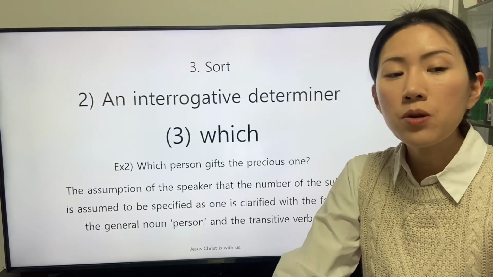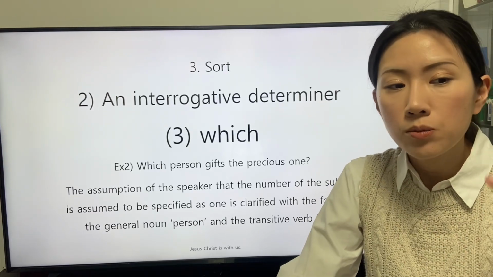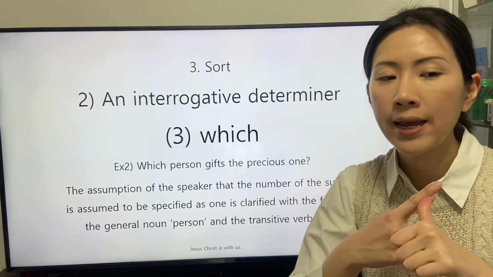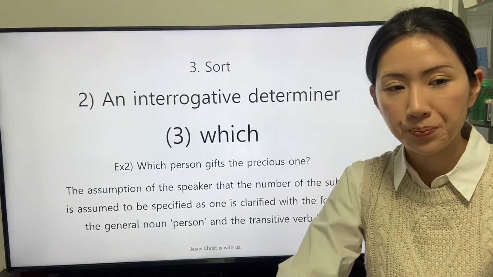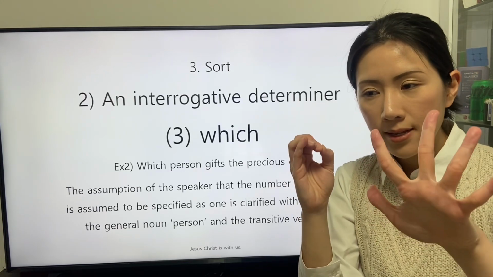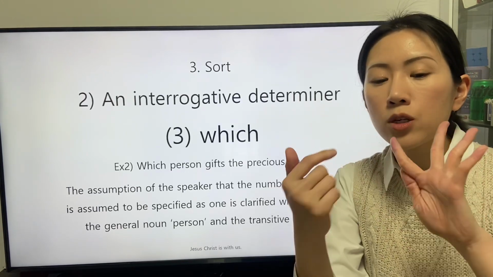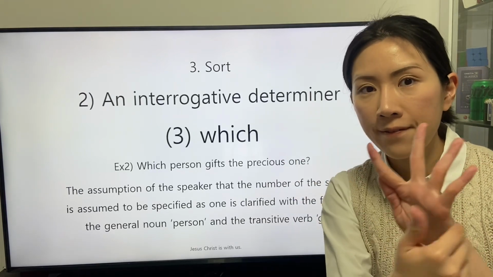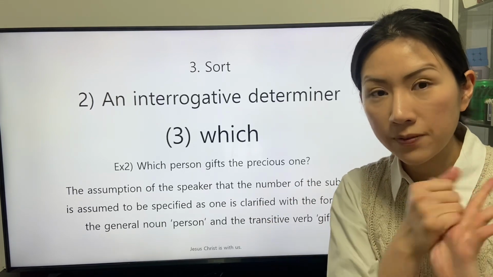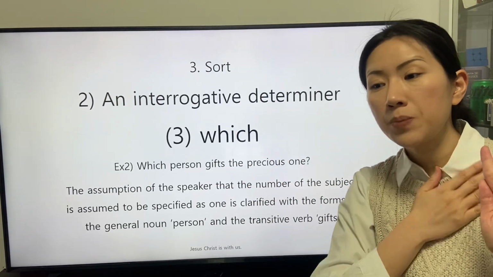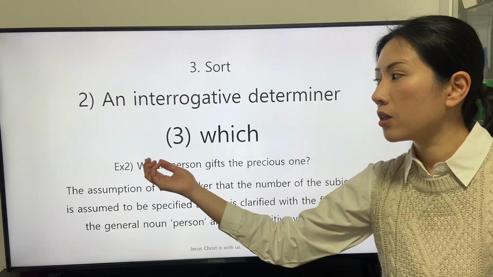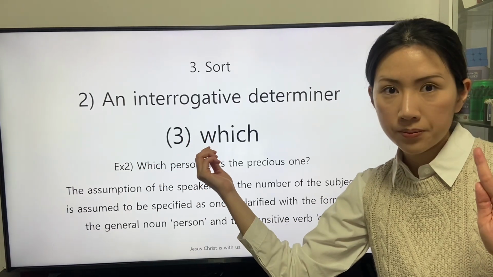The assumption of the speaker that the number of the subject is assumed to be specified as 1 is clarified with the form of the general noun person and the transitive verb gift. In a case that the speaker sets the premise that 2 of the 5 options will be specified, in this clause, the speaker would state the clause with the phrase of the noun, which people.